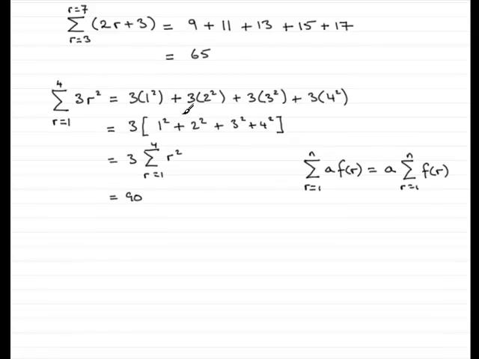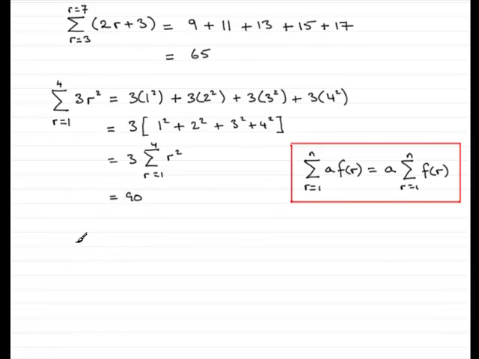That function r was r squared, and you can see that it was the same as leaving it here. Alright, so we'll just highlight that and try and commit that idea to memory.